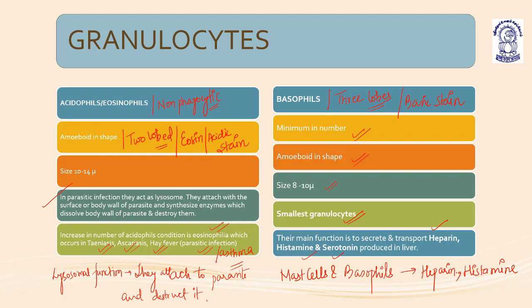They also help to secrete bradykinin and serotonin in small amounts. So basophils can be considered mast cells of connective tissue.